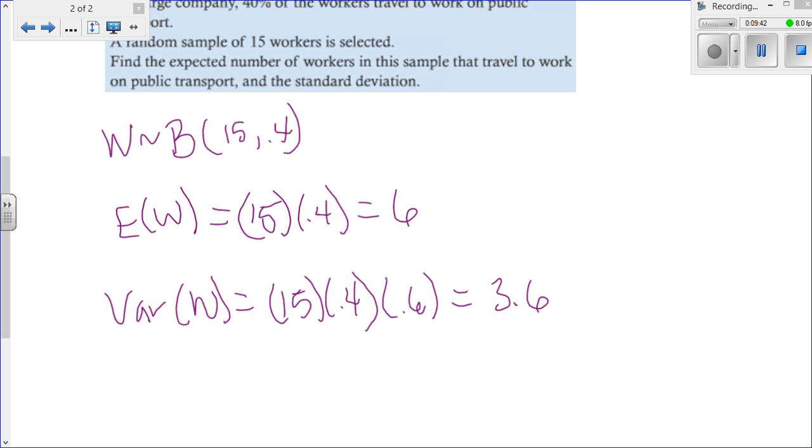Well, my standard deviation is simply the square root of 3.6. And when I do that on a calculator to 3 sig figs, it'd be 1.96, just by taking the square root and rounding. And that's really all there is.